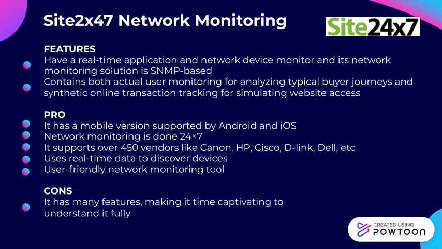It contains both real user monitoring for analyzing typical buyer journeys and synthetic online transaction tracking for simulating website access. Some of the benefits are it has a mobile version supported by Android and iOS. Network monitoring is also done 24/7. It supports over 450 vendors like Canon, HP, Cisco, D-Link, Dell.